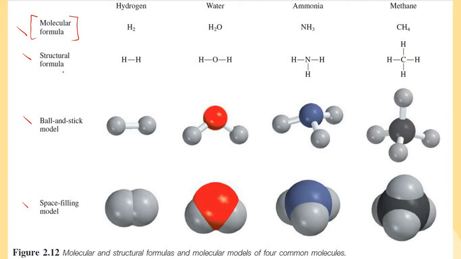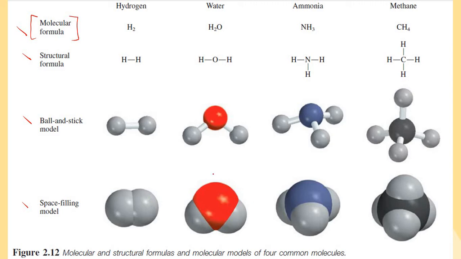Structural formula tells us how the arrangement of the molecule looks in a 2D version. Ball and stick models and space filling models are 3D representations. In a space filling model, the bond cylinder was taken out.